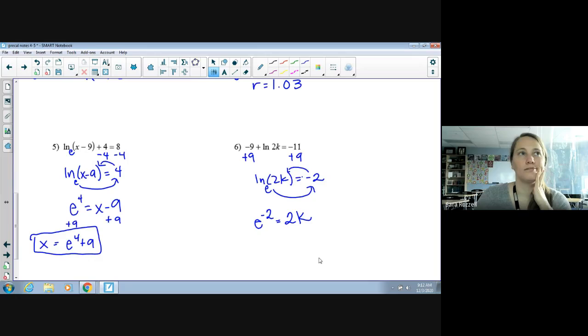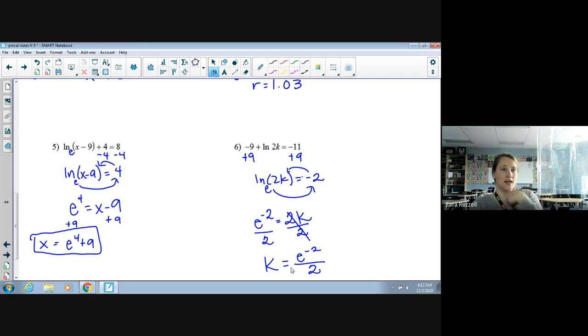So k is almost by itself. What do we need to do to get it all the way alone? Divide by 2 on both sides. Okay. So k is going to equal e to the -2 over 2.